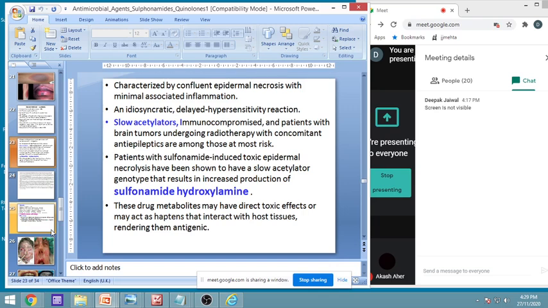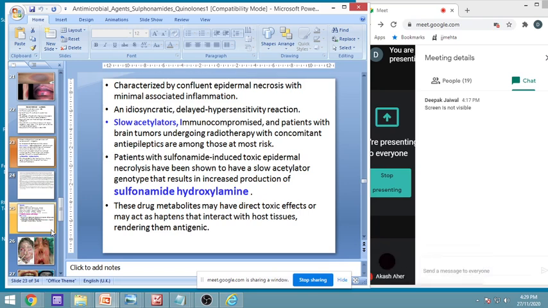And radiation, we have seen they are photosensitive, so radiotherapy can increase the chances. Those who are immunocompromised have increased chances, and some antiepileptics also add to the adverse effects.